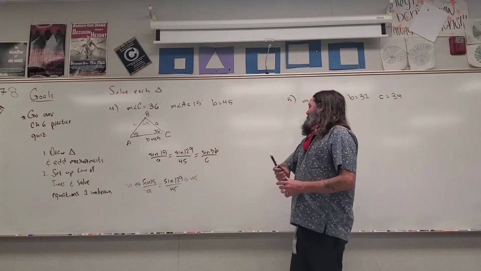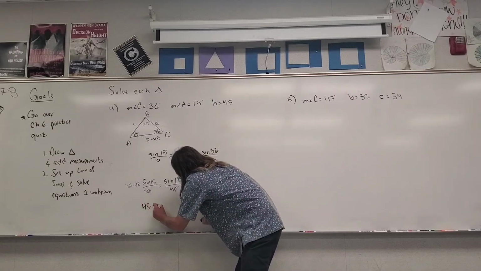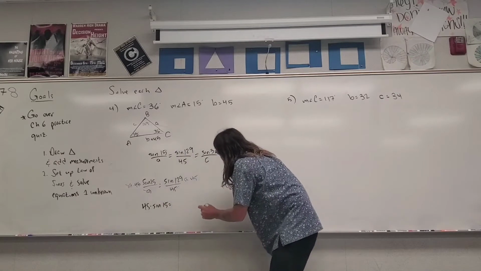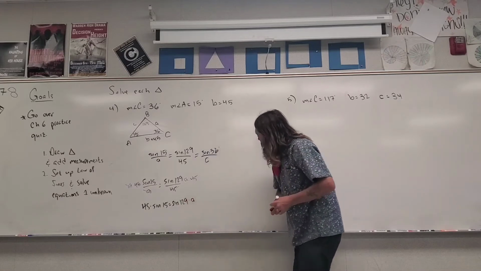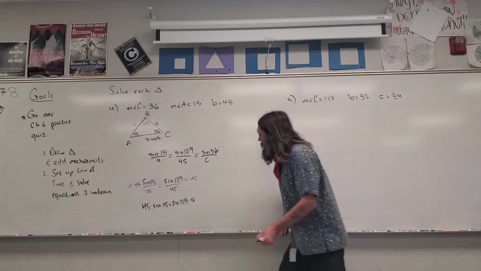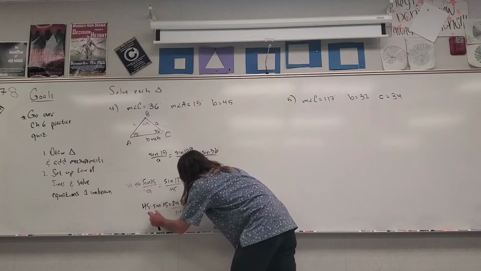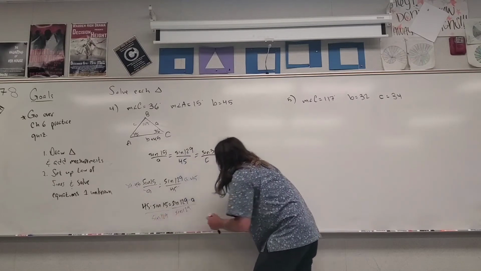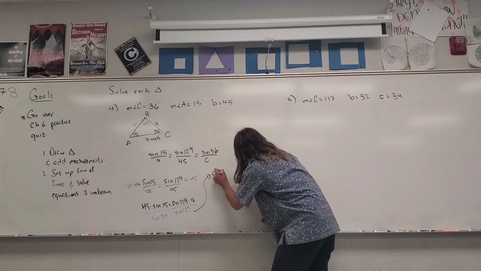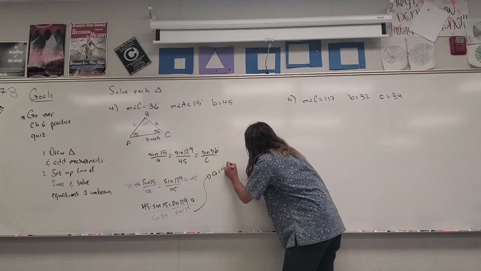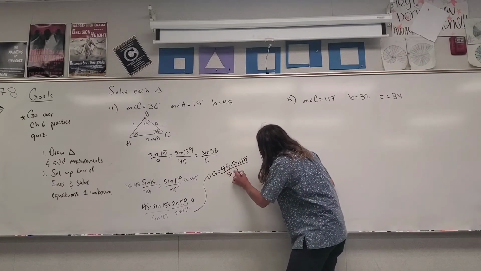Now we're left with 45 times sine of 15 equal to sine of 129 times A. Now I just divide away the sine of 129, and I've isolated the length A. So A is equal to 45 times the sine of 15 divided by the sine of 129.